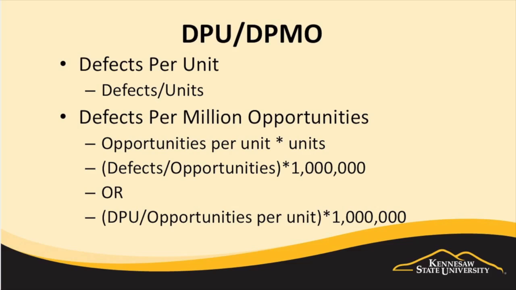This gives us the total number of opportunities. Then we divide the number of defects by total opportunities and multiply by 1 million. Or we can use the shortcut and divide DPU by the number of opportunities for error per unit and multiply that result by 1 million. In either case, the result is our DPMO, or defects per million opportunities.